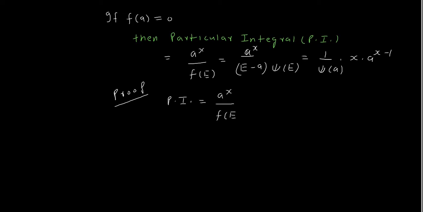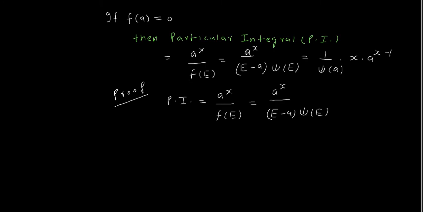Here we initially assume that e minus a is a factor of order 1, meaning one root exists at one point in f of e. So the particular integral a to power x upon f of e, if f of a equal to 0, then e minus a is one of the factors. So this may be written as a to power x upon e minus a and another function psi e.